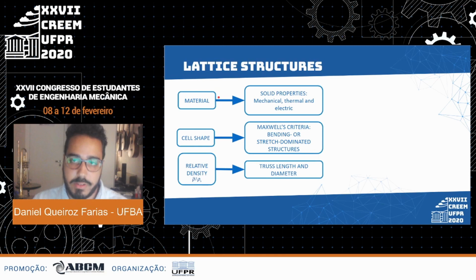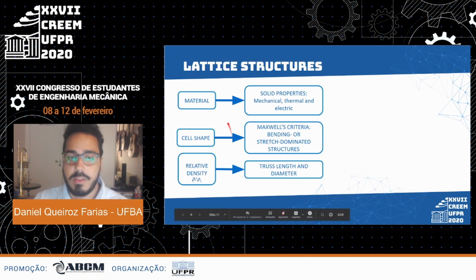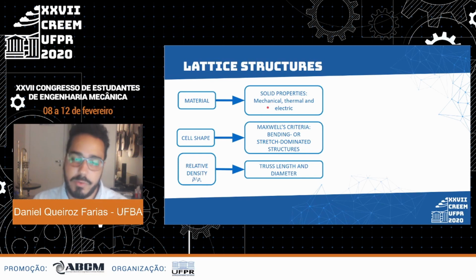Lattice structure characteristics are mainly influenced by material, cell shape, and relative density, composed by the density of the part over the density of the material. The material influences the solid properties, which are the mechanical, thermal, and electric properties. The cell shape mainly influences the behavior of the structure while being loaded, and this is usually obeyed by Maxwell's criteria.